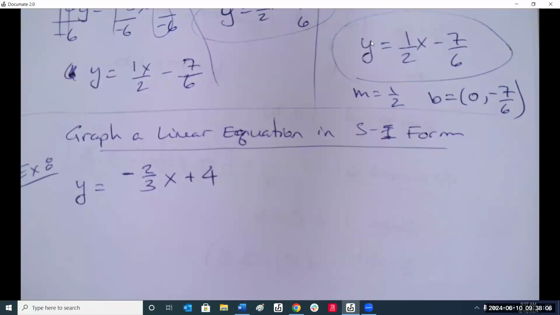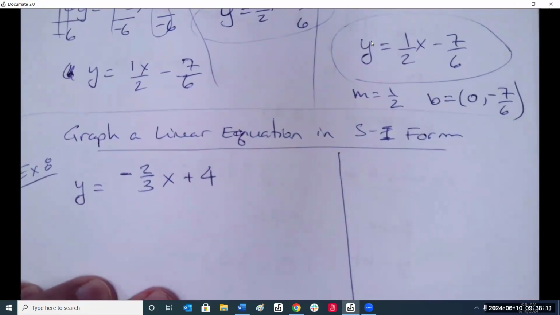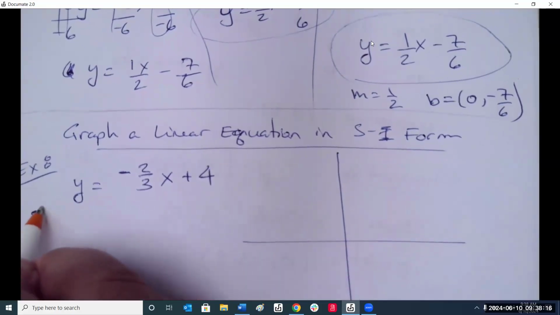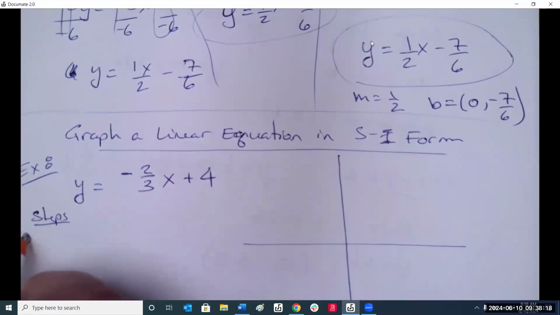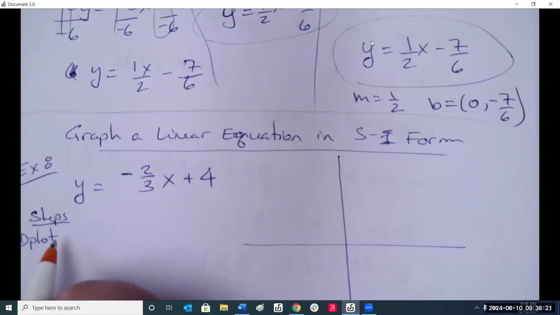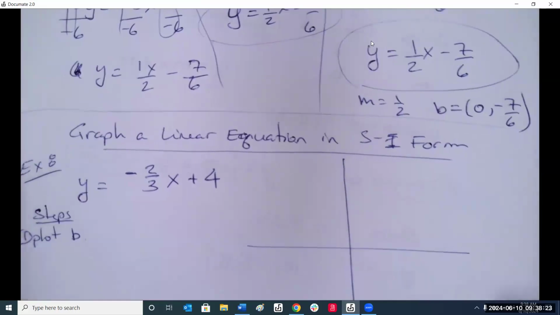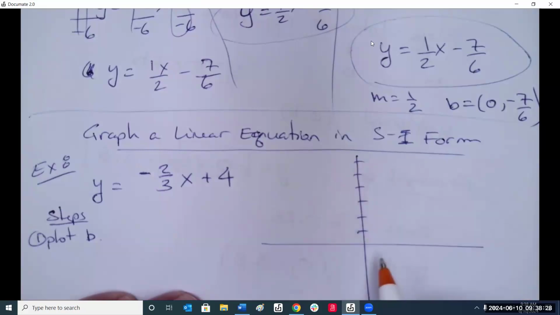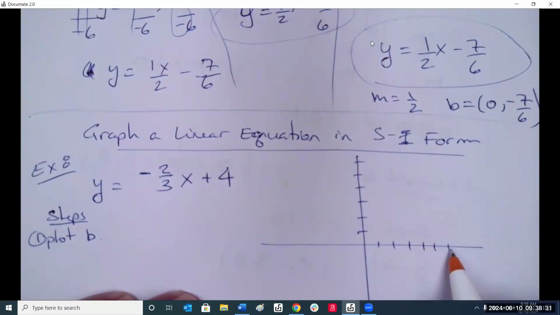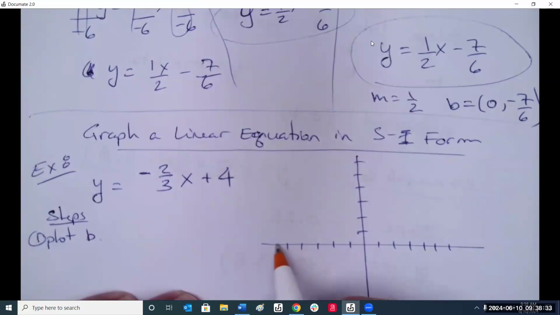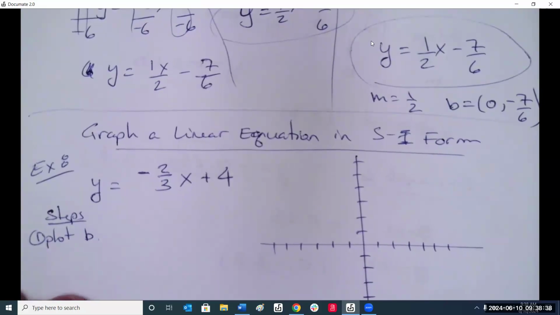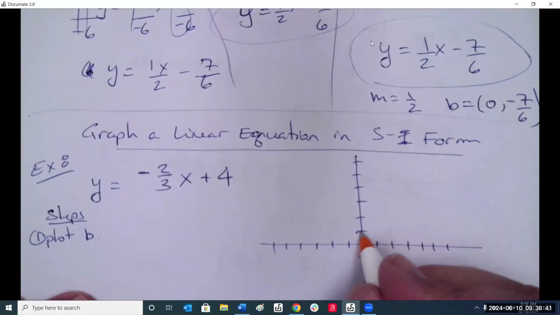Graphing linear equations, if it's in this form, is very easy. To do this, here are your steps. Plot the y-intercept, plot B. So where's B? 1, 2.